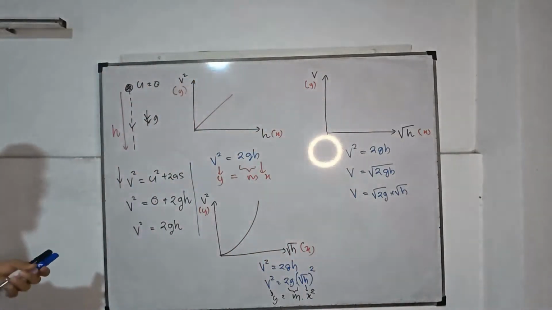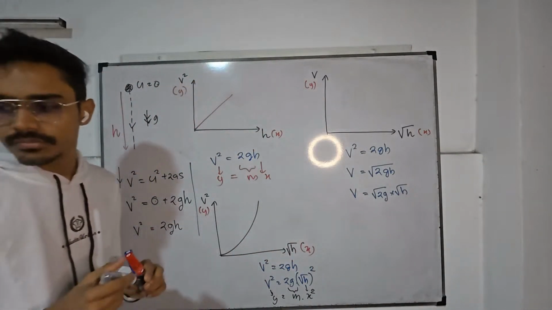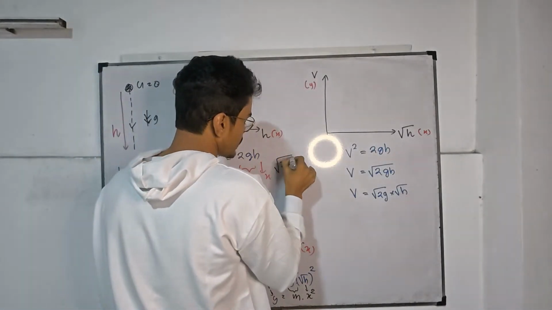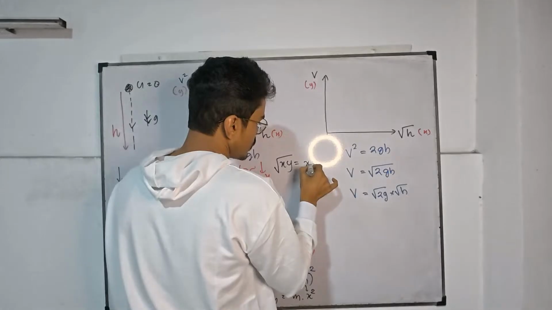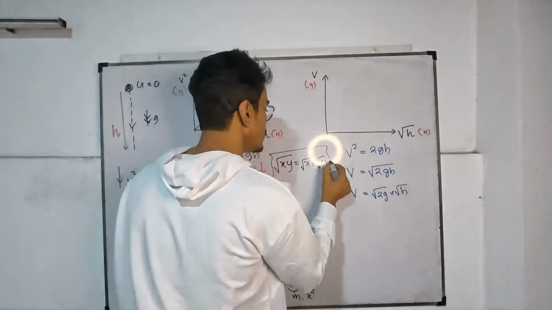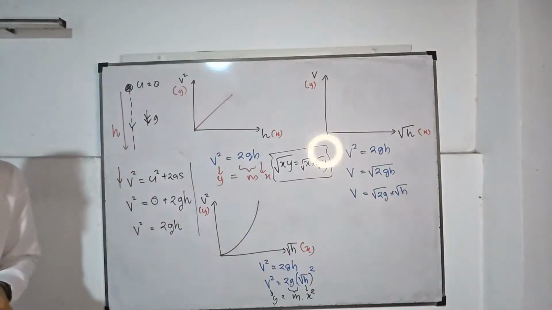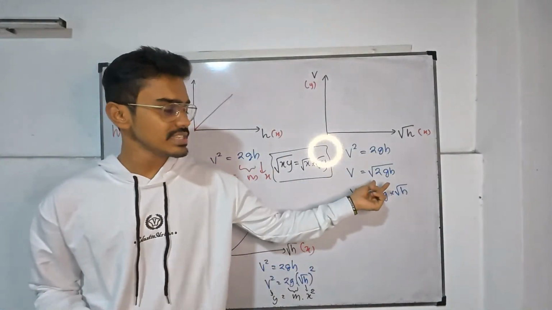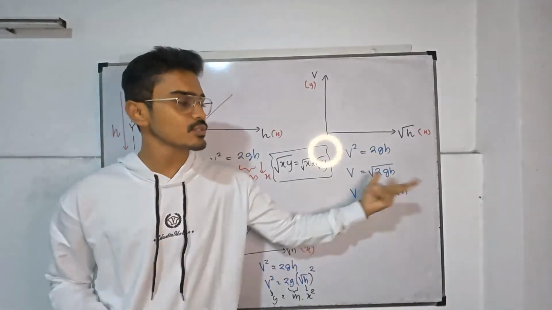Root 2g times root x, because you know from maths, root xy can be written as root x times root y. So root 2gh can be written as root 2g times root h.